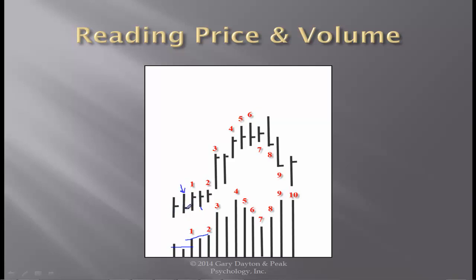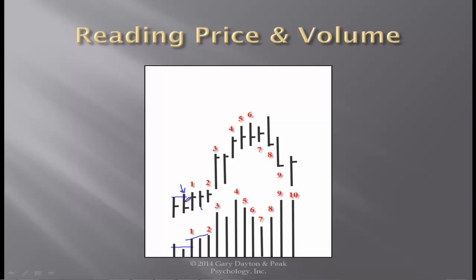Remember, the close is lower than the close before. And in fact, on this day, most likely what happened was the buyers tried to push the bar up, tried to push price up above the high of the previous bar.